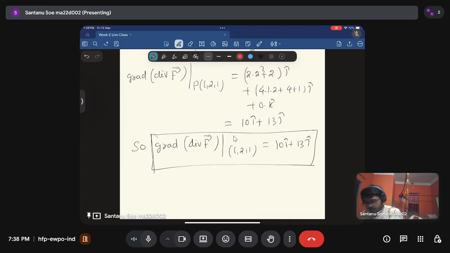Okay, so yeah, this should be the answer of this question. Now we're going to move forward to the next question, which is question number 9.